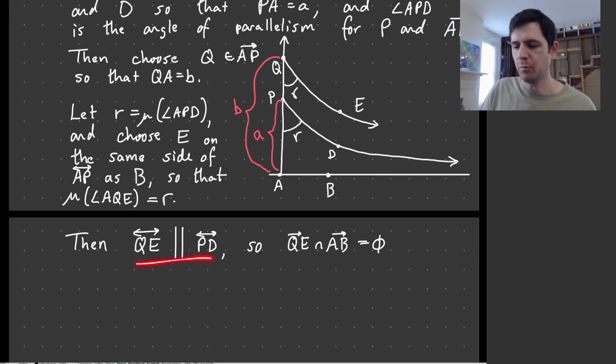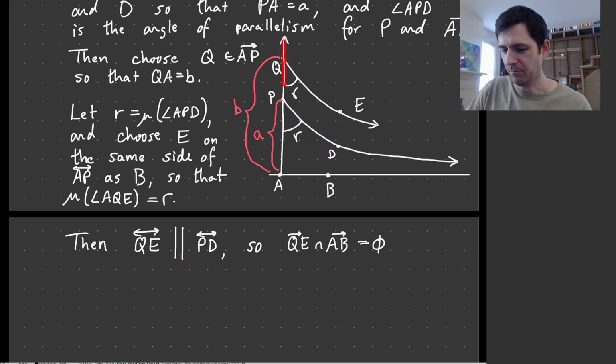So why is QE parallel to PD? If we were in class, I would probably ask you this and force someone to answer it. But it's simply the alternate interior angles. I have two lines here and a transversal, and alternate interior angles that are both equal to R. So the alternate interior angles theorem tells me that line PD is parallel to line QE.